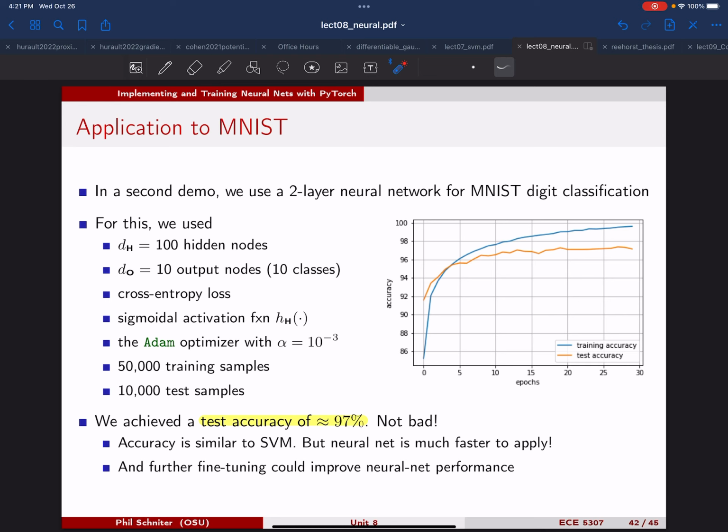So putting the data through it is extremely fast, whereas for a support vector machine, even after you fit the model, it's slow to apply it. Because if you remember, the way it works is you have to compare every test sample to every support vector. And if you have a lot of support vectors, it takes a lot of work just to even classify a single test sample. So this is what I mean, a neural network is much faster to apply.